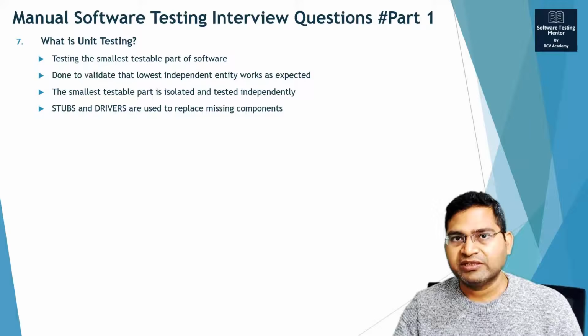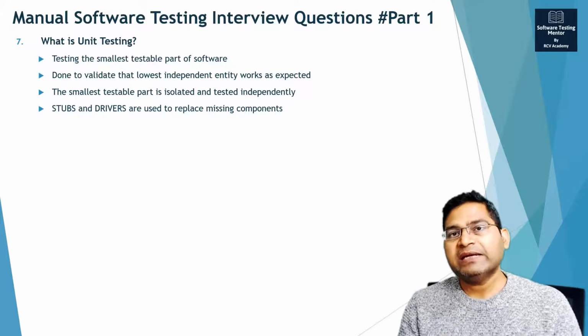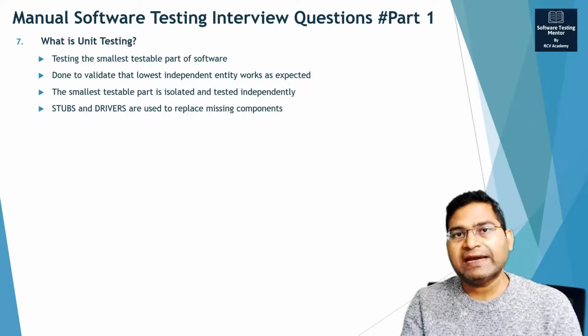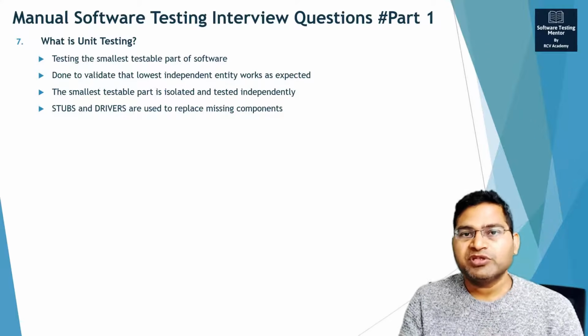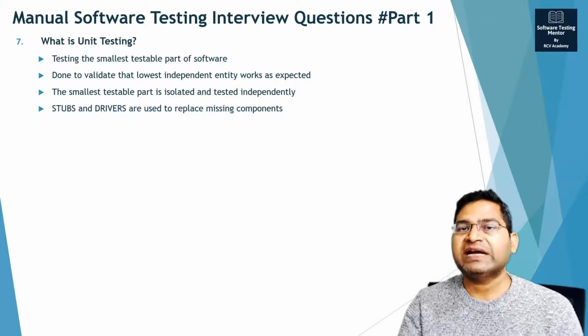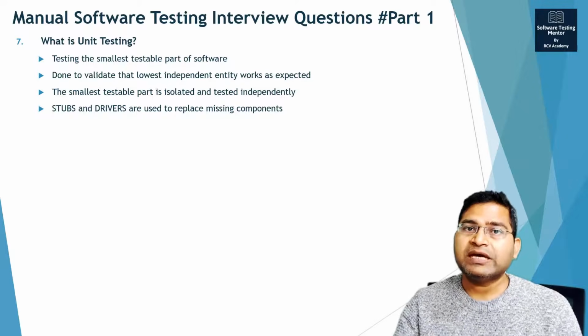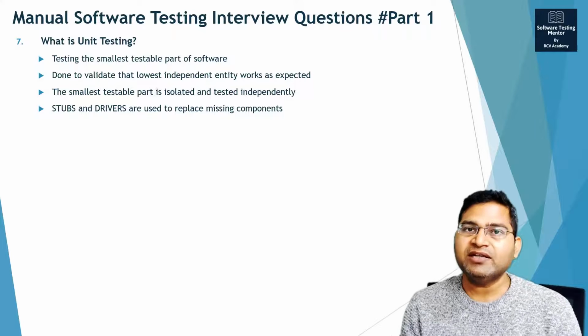The add method can be tested independently by passing different arguments to it. So developers pick that particular method, write unit test code to pass the arguments, and then verify the output. This is the lowest independent entity for developers.